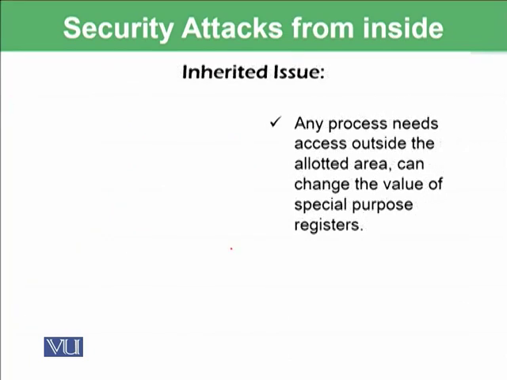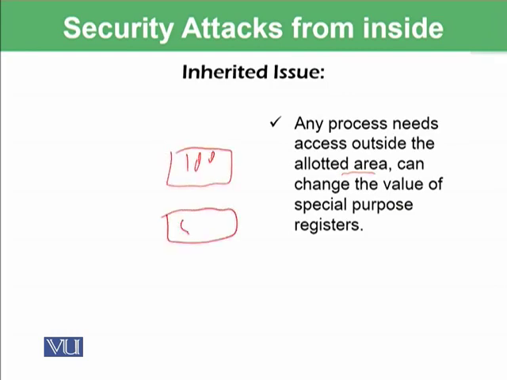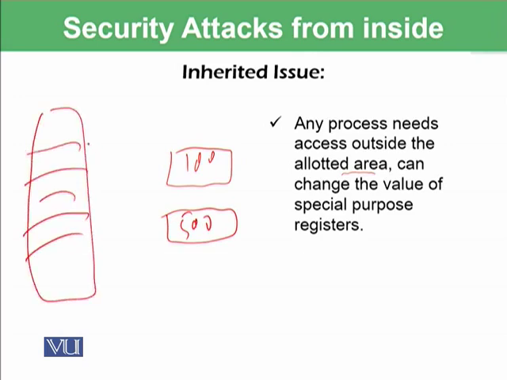And if it is done by any process that needs access outside the allotted area, it can change the value of the special registers. For example, we said that this was 100 and this was 500, and this memory is 100 to 500.